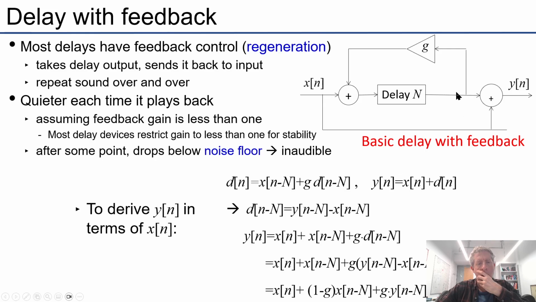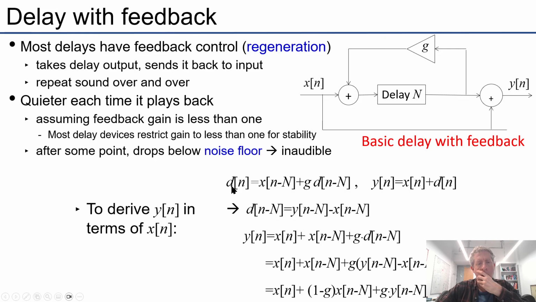And then what is this delayed value that goes in? Well, it's a delayed version of x of n plus the previous output multiplied by g.